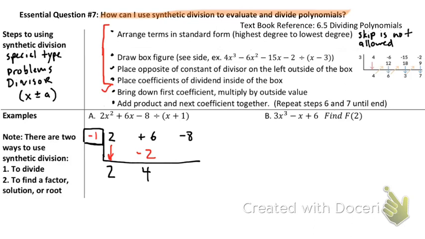And then we repeat these steps until we complete the entire box that we have here. So now we're going to go -1 times 4. And the answer goes here. That gives me -4.